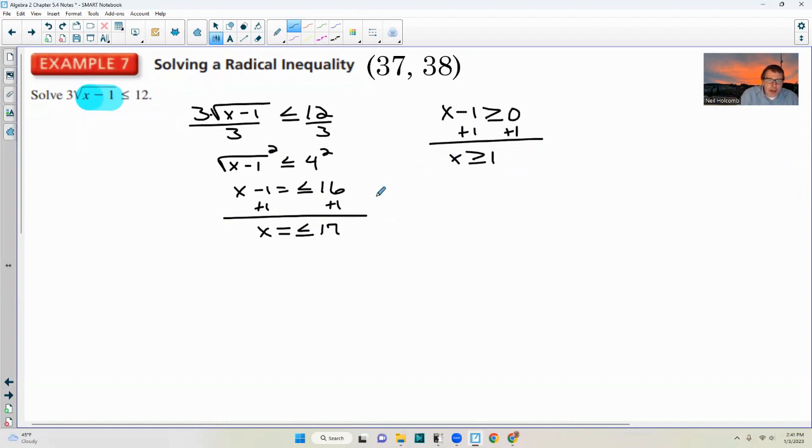Okay, so now I have a compound inequality. So x is less than or equal to 17, but it's greater than or equal to 1. So this is my solution. So if I were to graph that, let me do it with Desmos. 3 times the square root of x minus 1. Let me bring up Desmos here.